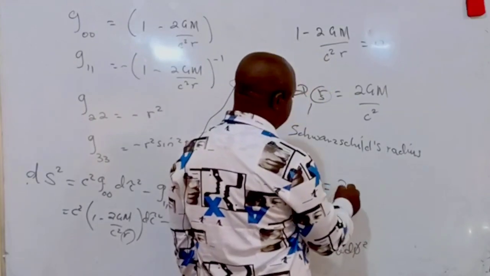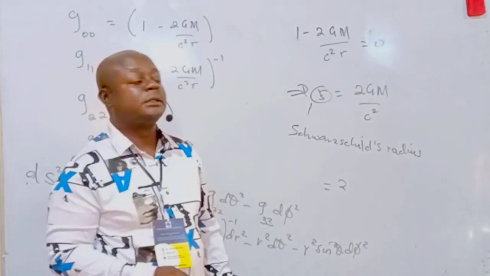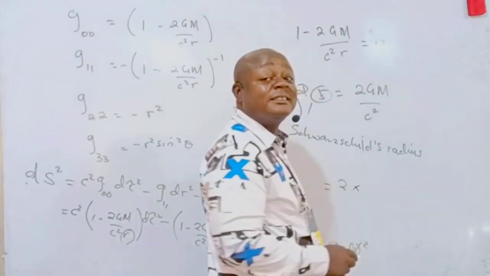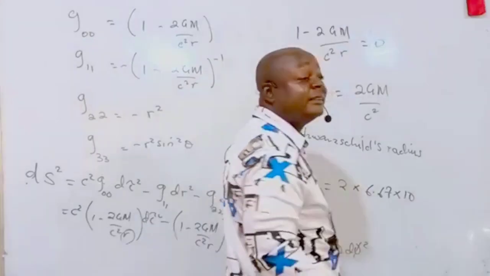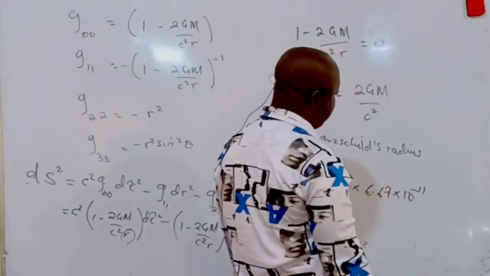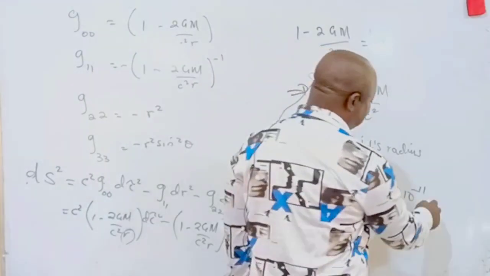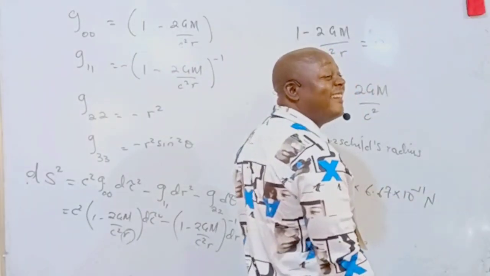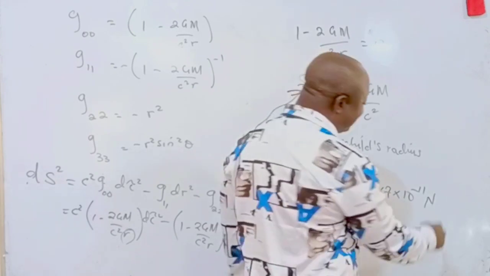what is the mass of the Earth? What is G? 6.67 times 10 to the power... What are the units? Are you sure? Newton?